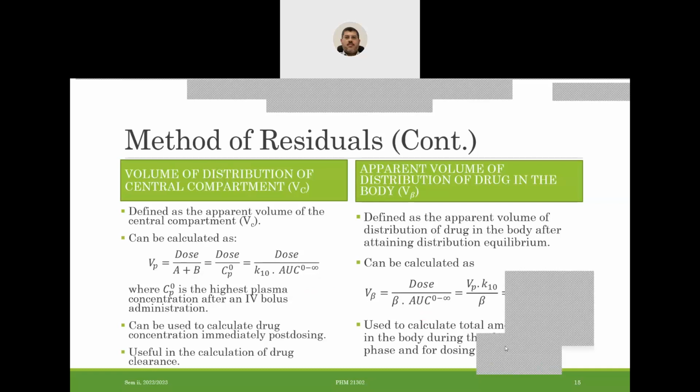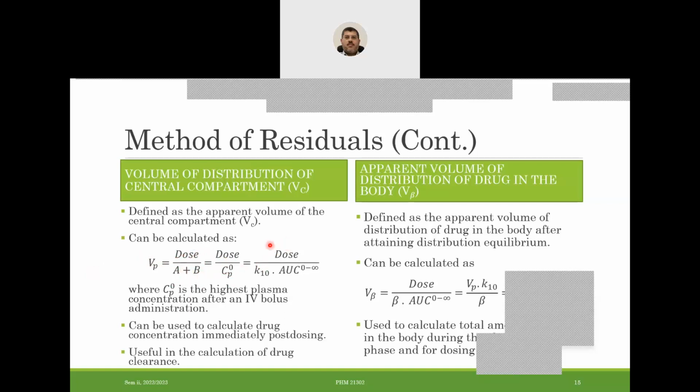Okay, this is one thing. So it is equal to the dose divided by CP naught. Actually, CP naught is the sum of the two intercepts A and B.